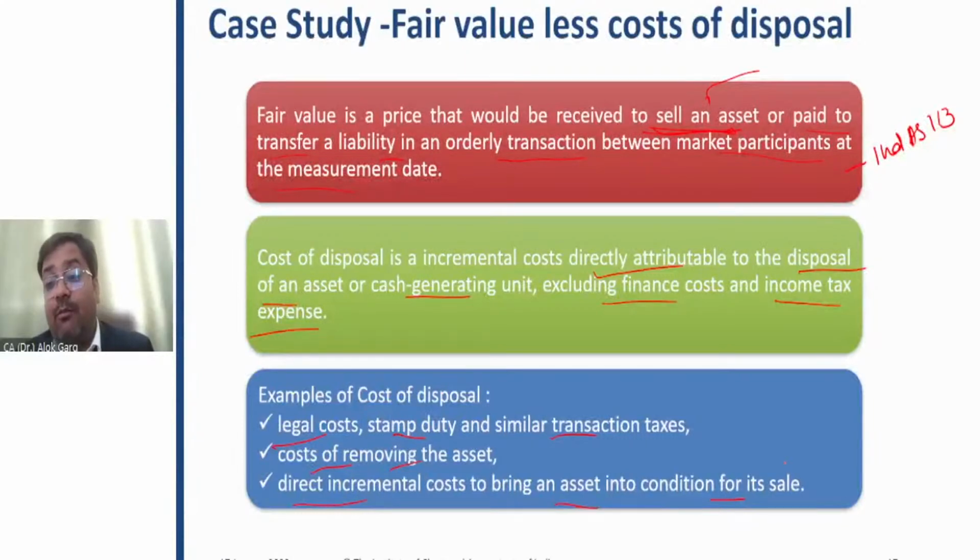So if you take the borrowing just because you have to do the dismantling, the packaging, the shipping, right? Although it is a directly incremental cost arising just due to the disposal of this asset, the finance cost incurred on this borrowing will not form part of your cost of disposal for calculating fair value less cost of disposal.